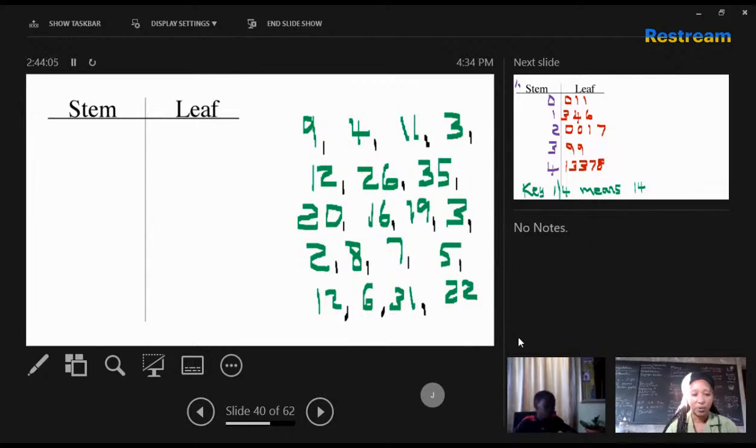All right, so you are looking at a stem and leaf template, not yet constructed. So the numbers on the right, they are what we would refer to as the raw data. So information collected that represent some kind of amount, some kind of quantities.